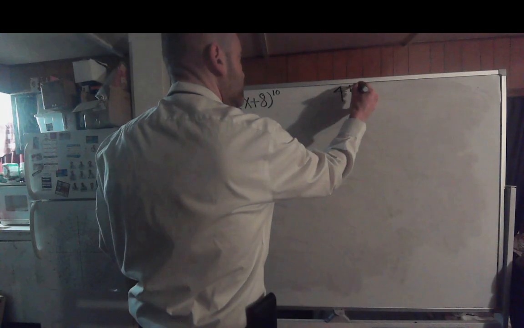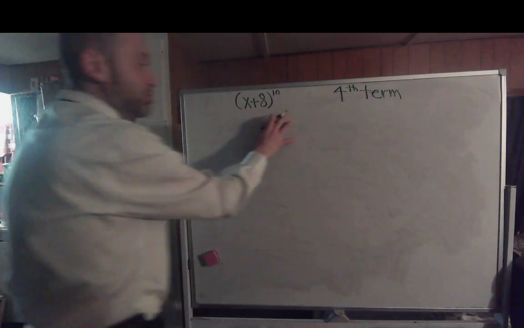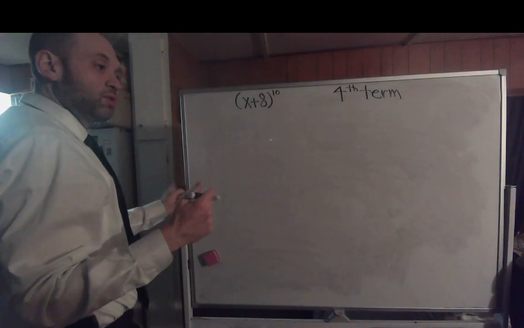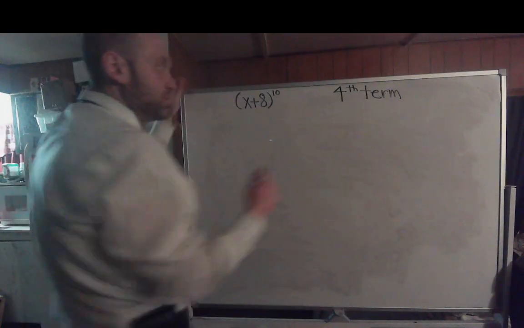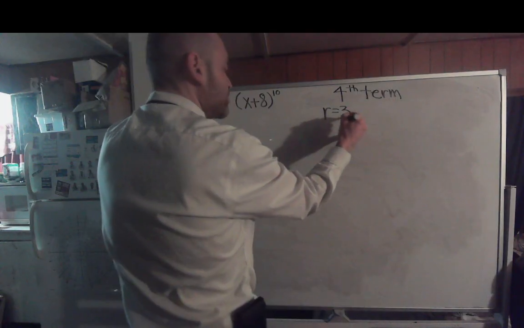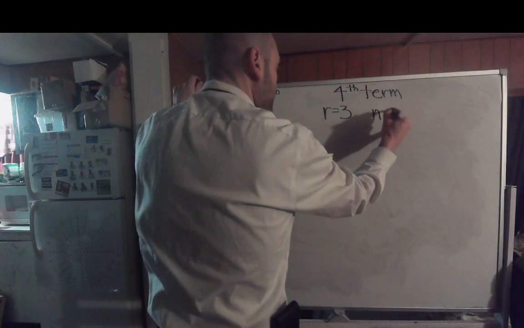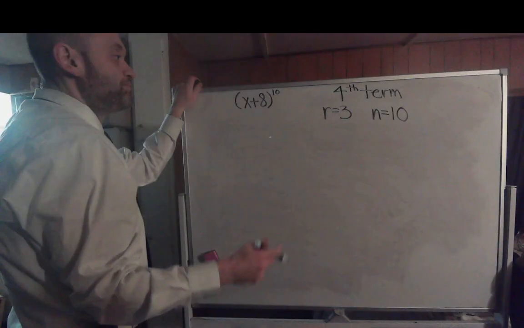We are going to find the 4th term of this particular binomial to the 10th power. So remember earlier when I said that your r is always 1 less than the term you seek. So 4 minus 1 is 3. So my r is actually going to be 3, my n is 10 for the fact that that's the power that you raise the binomial to.